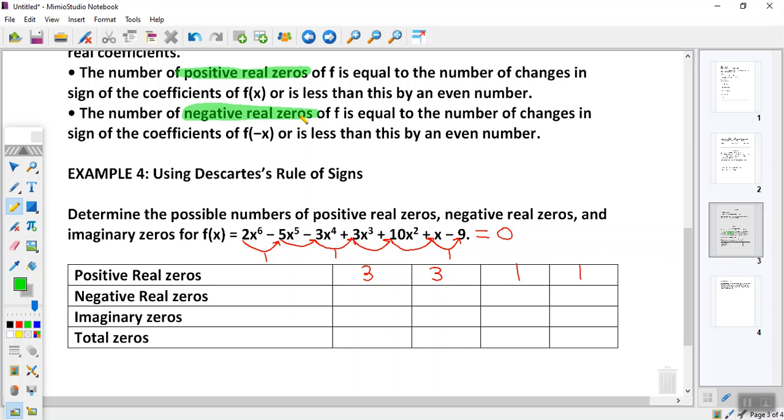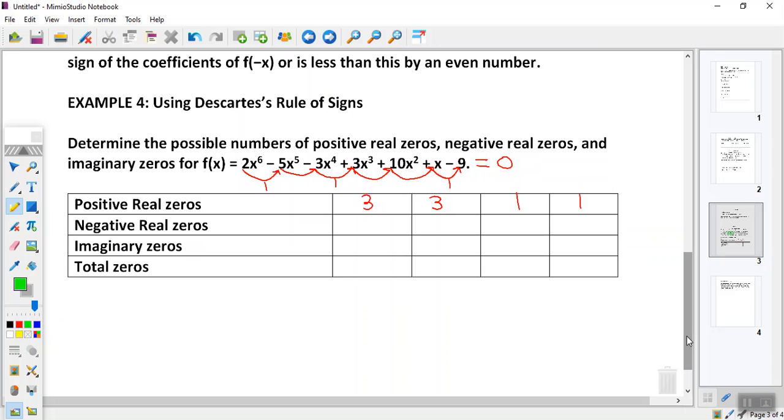True or false there? Why is that false? This would turn out to be a negative. A negative times a negative times a negative would be what? Negative. And this here is positive. So guys, for this other part right here, how do you test the negative reals? Right here, I'm going to make a note on testing negative reals.